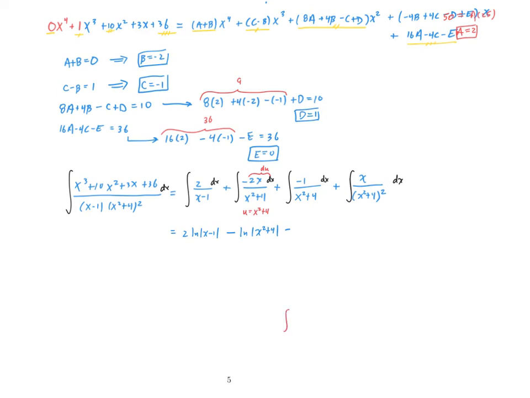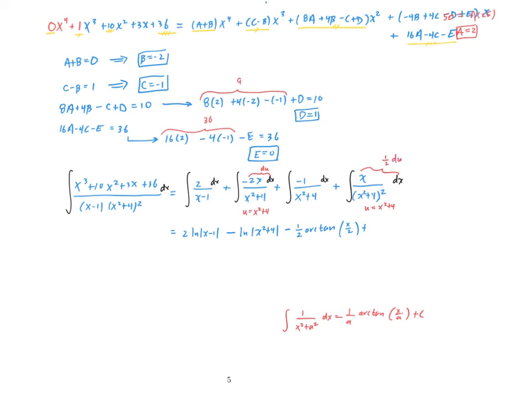And recall that common formula, 1 over x squared plus a squared, is 1 over a arctangent x over a. And in fact, we evaluated this exact integral in a previous example. A is 2. And for the final piece, we would use that same substitution we used earlier. And note the only difference is now that x dx is going to be 1/2 du.